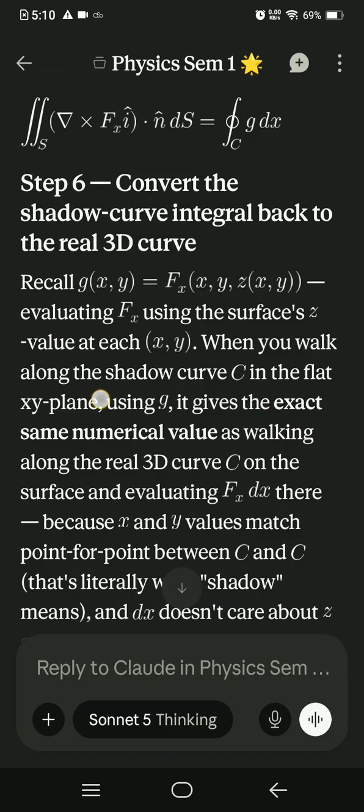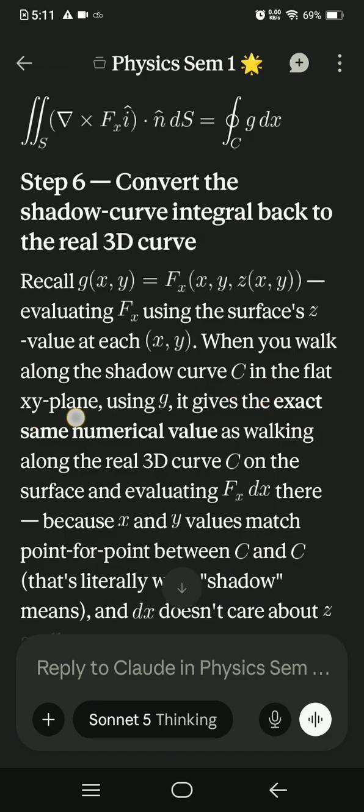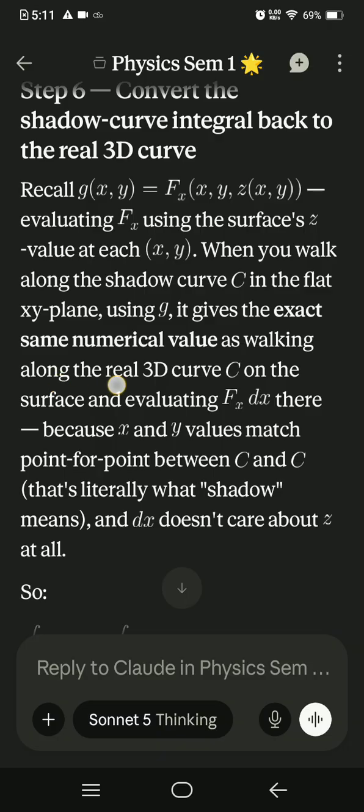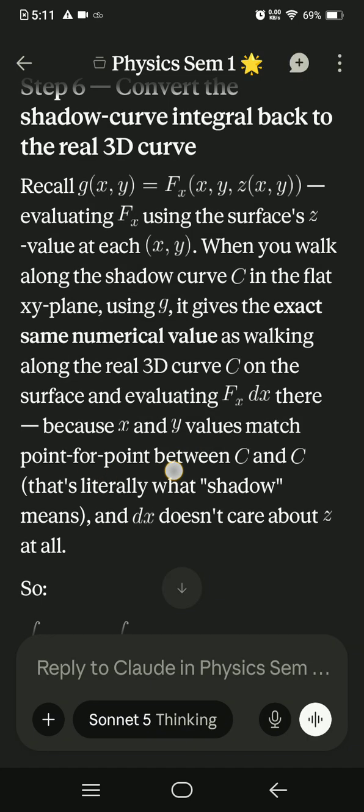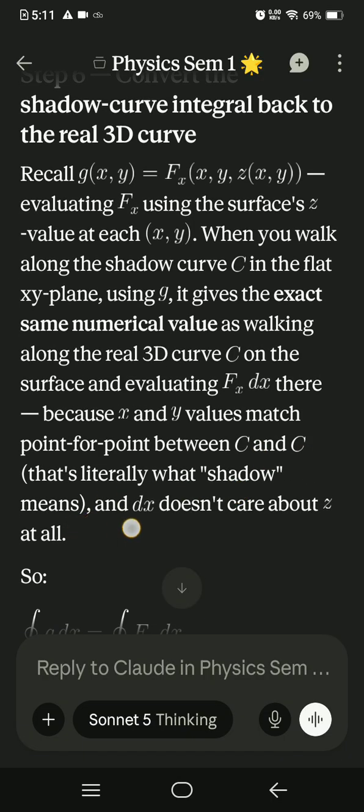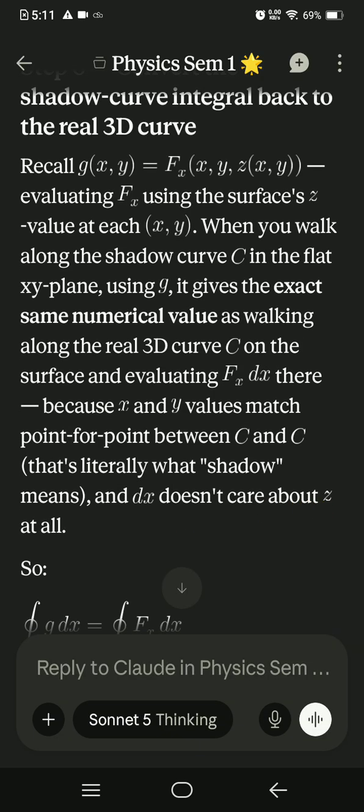When you walk along the shadow curve c in the flat xy plane using g, it gives the exact same numerical value as walking along the real 3D curve C on the surface and evaluating fx dx there, because the xy values match point for point between the two curves. That's literally what shadow means. dx doesn't care about z at all.